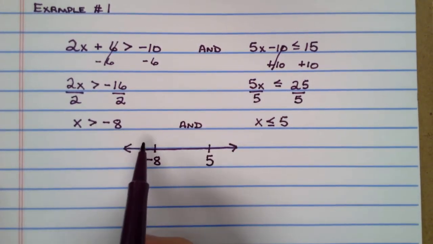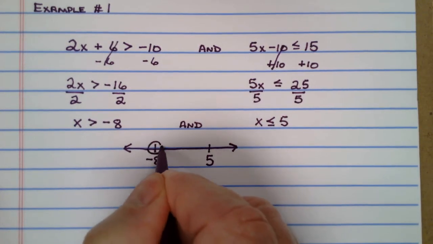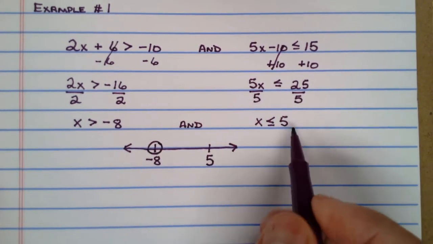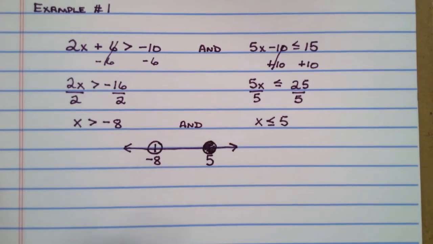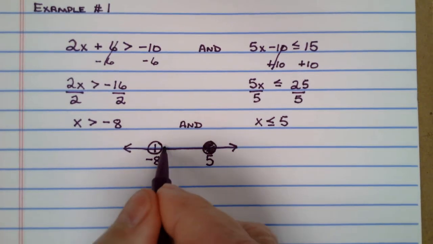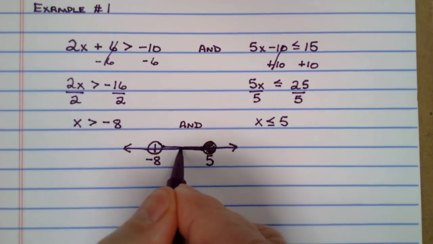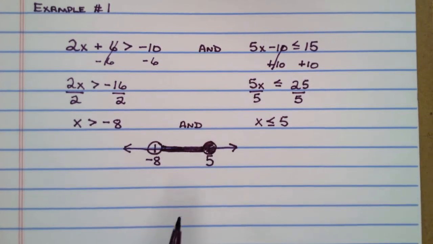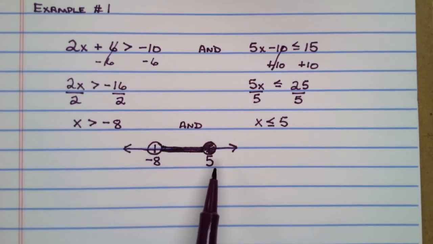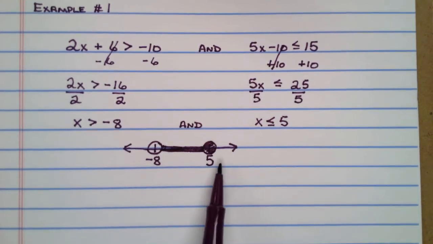I need to have an open circle on negative 8, and I need to have a closed circle on positive 5. Where I shade is where my answers are. I'm going to shade right here in the middle. So all my answers are located in between negative 8 and 5, but not including negative 8, but including positive 5.